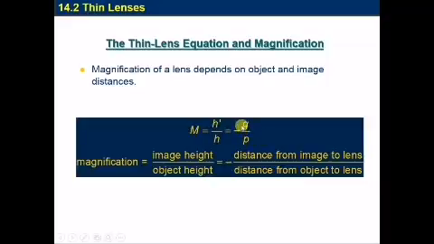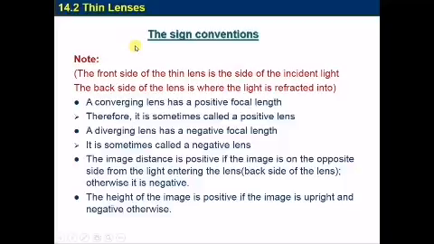Here, girls, I want you to focus on something very important now, which is the sign of these quantities. At the beginning, I want you to note that the front side of the thin lens is the side of the incident light. Because here we have lenses, not mirrors, so we can place our object on either side. So when I say the front side, I mean the side where the incident light is present, wherever the object is.